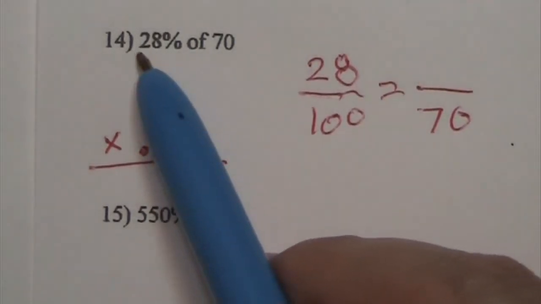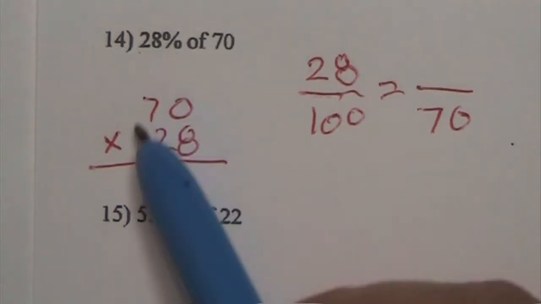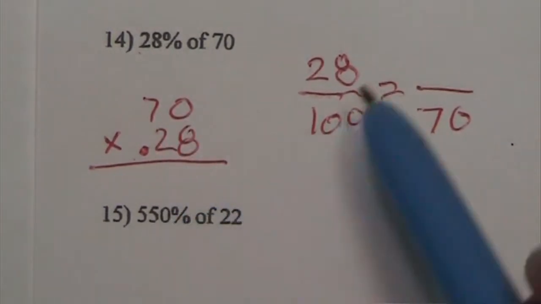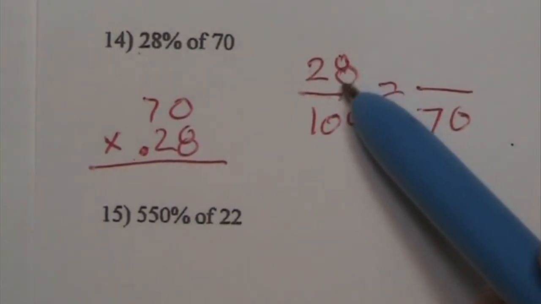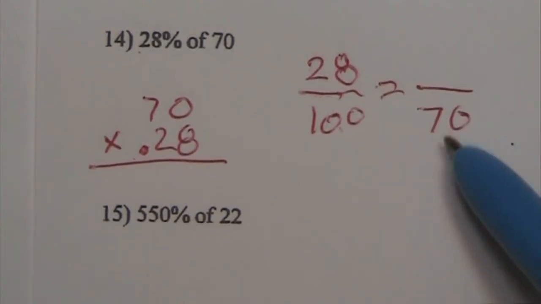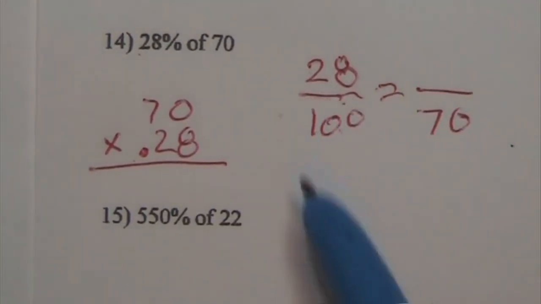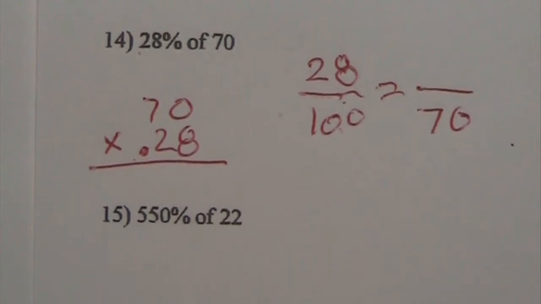Okay, same thing the next one. 28% of 70, that's 0.28 times 70. If you chose to do it this way, 28% equals something out of 70, you would have to scale this down.